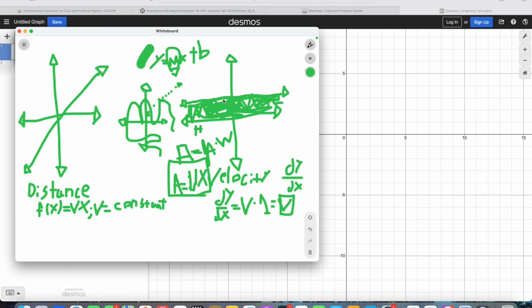Because it's a rectangle, so the area would be the height multiplied by the width, which would be vx. And what does that look like, right? vx. So they're the same. So the area under the slope of the first derivative, or under the graph, or whatever you want to call it, in the first derivative is equal to the distance function.